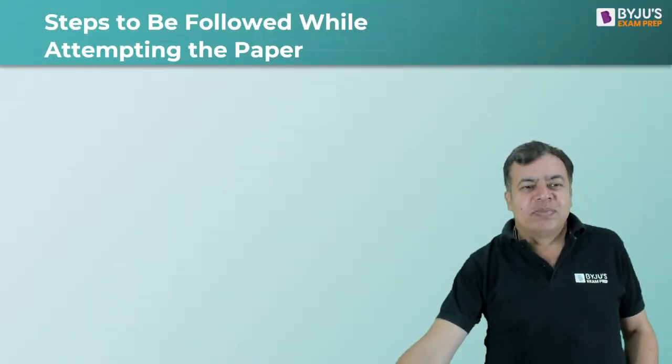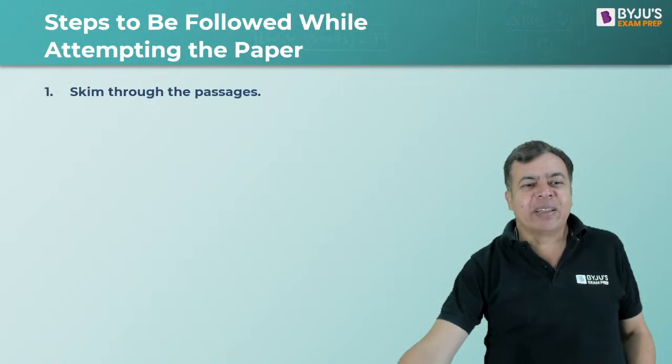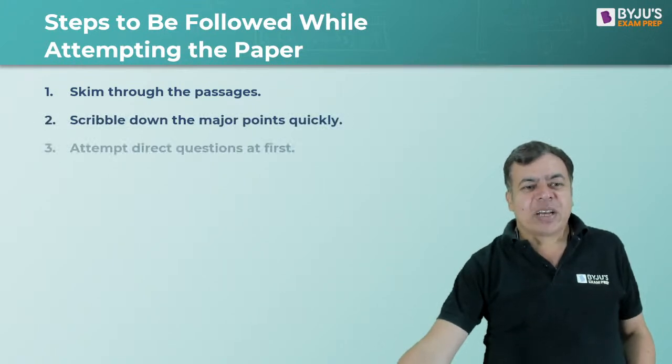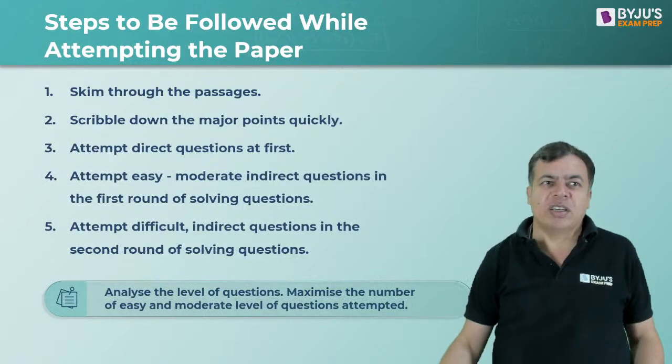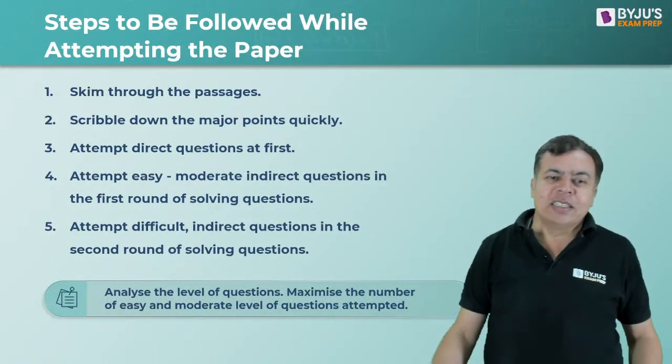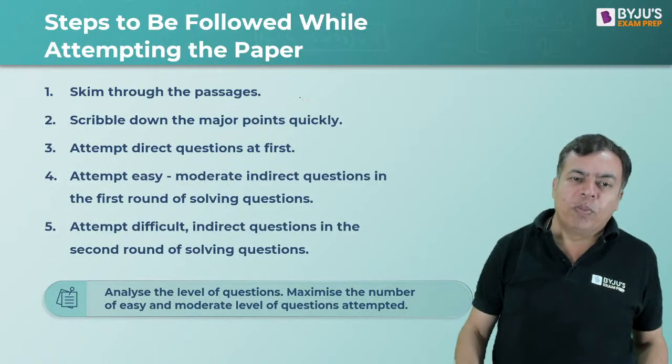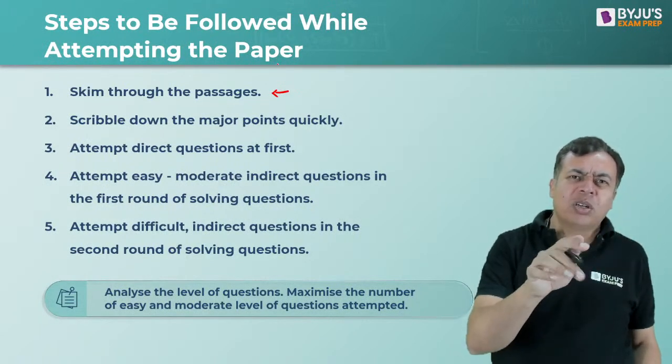And now, steps to be followed while attempting the paper. First thing is skim through the passages. Just see this, I will tell you the things. First thing is, do not read it completely in detail.